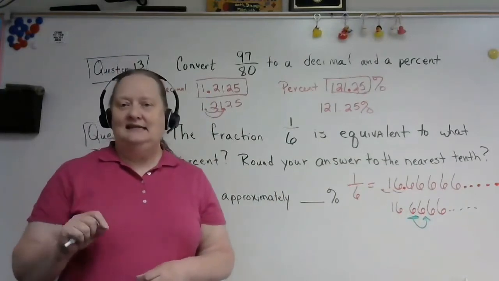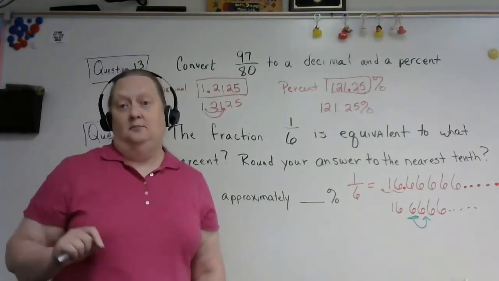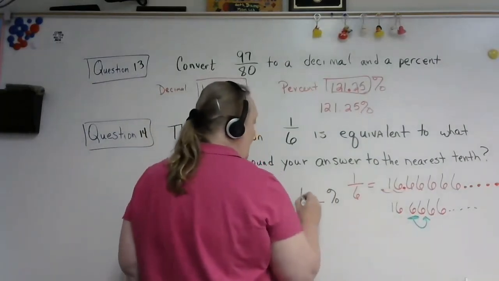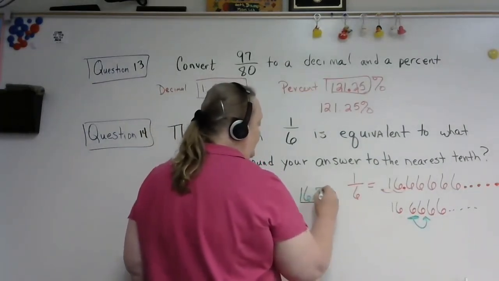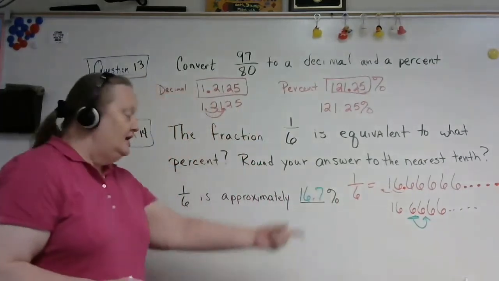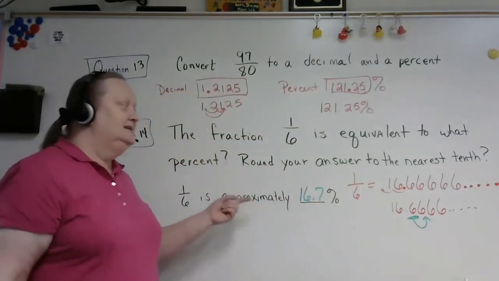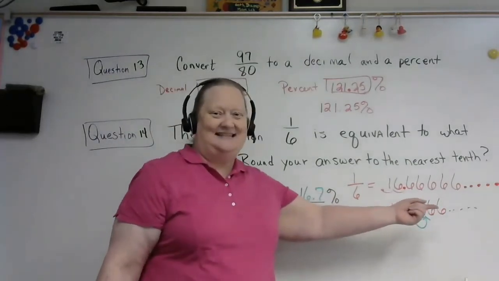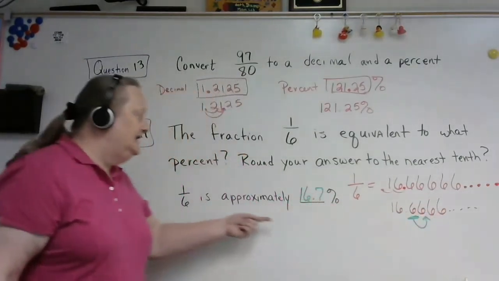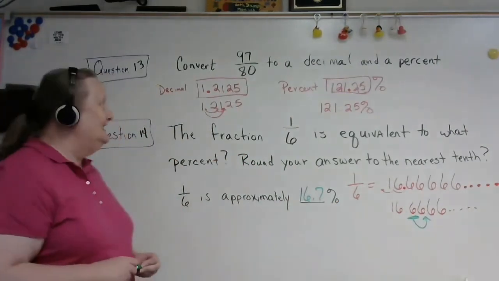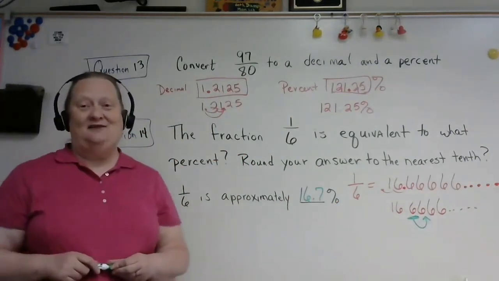So that 6 will go up a number to a 7. So that would make this 16.7%. Notice that's also why they use the word approximate here. The exact number is 16.66666 repeating sixes, but it's approximately 16.7%. And that is questions number 13 and 14.